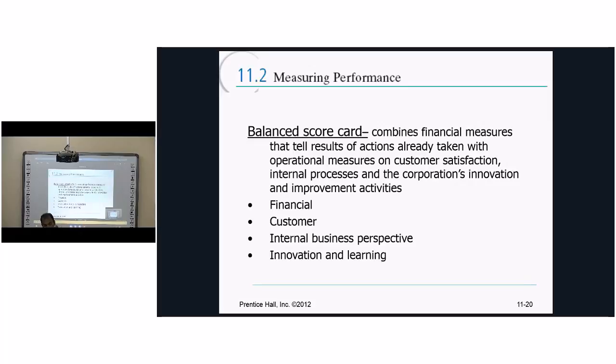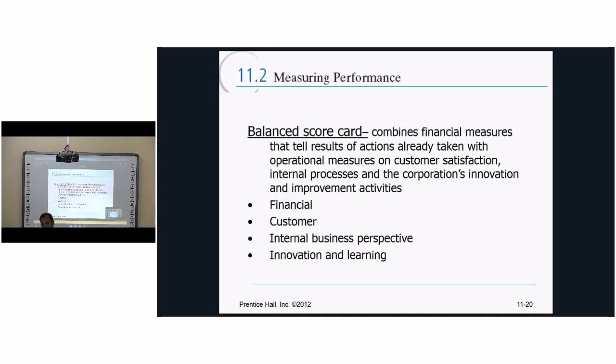So increasingly companies are looking at multiple dimensions to look at business performance. Earlier they completely relied on financial accounting information: return on investment, ROE, earnings per share, etc. Now, keeping the financial element the same, companies are adding other dimensions like customer perspective, innovation and learning, and internal business perspective.